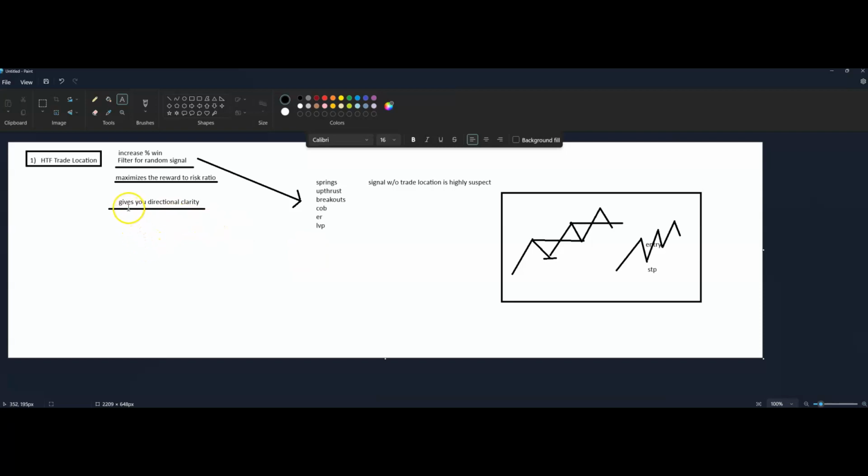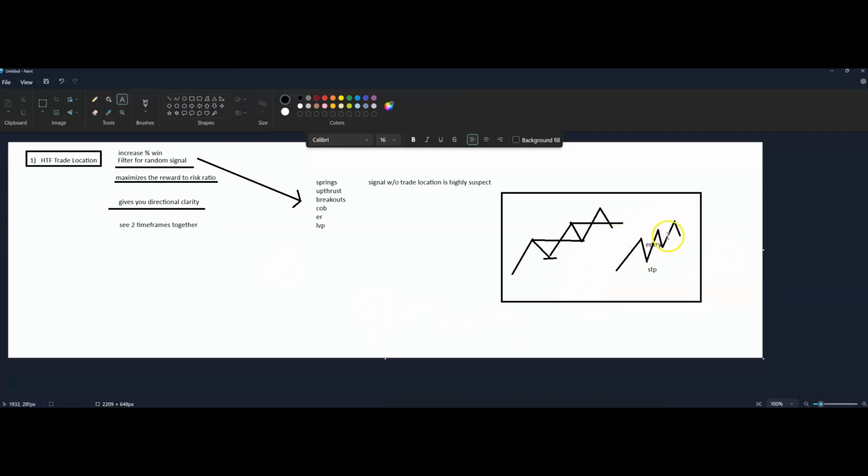So the point that I'm trying to say is that trade location will give you clarity. Now, how does it do that? It's because automatically you have the right perspective, because it requires your mind to see two time frames together. Your mind is not just looking at the lower time frame highs and lows.